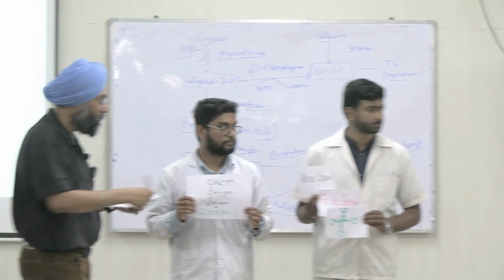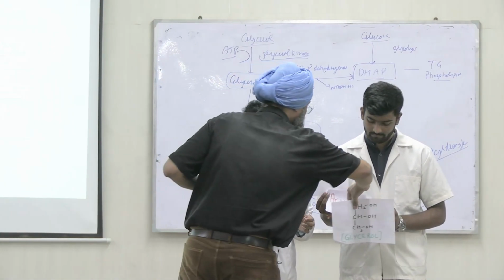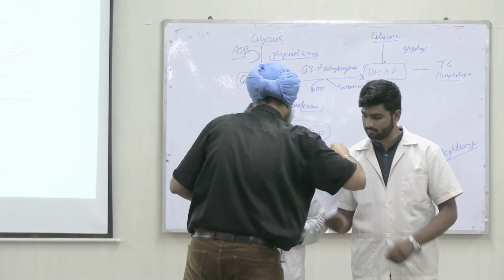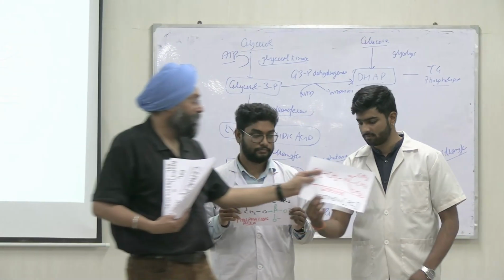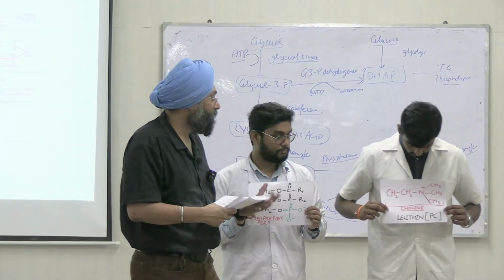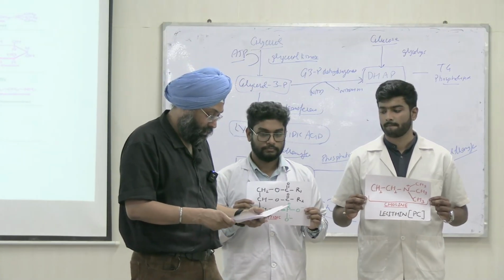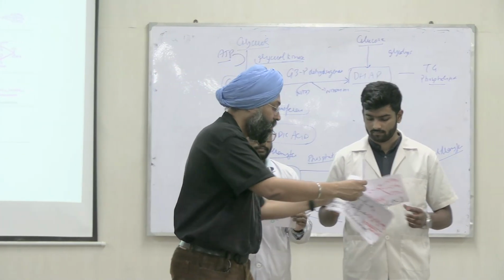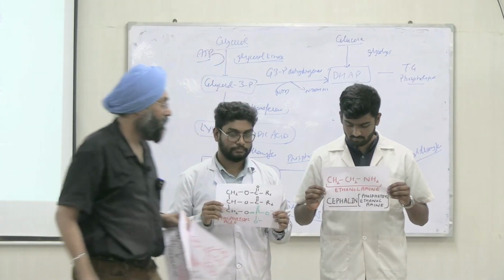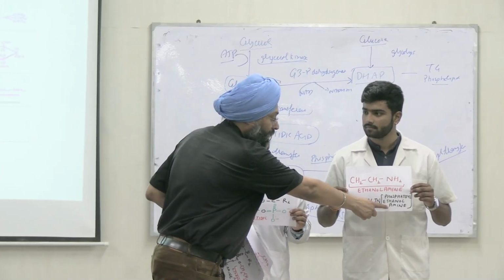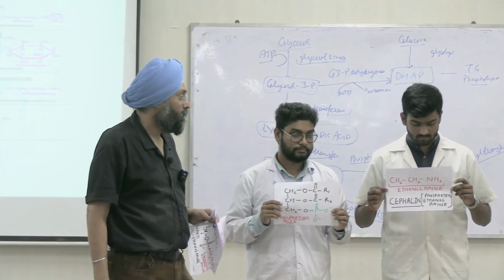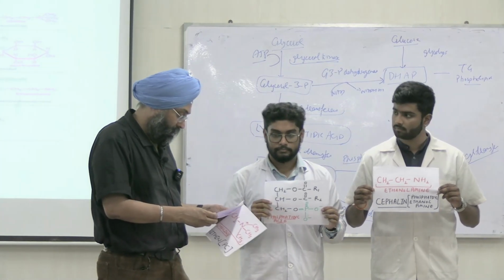Now we start again. Phosphatidic acid. When we attach choline to phosphatidic acid, it becomes our lecithin phospholipid. When we attach ethanolamine, it becomes phosphatidyl ethanolamine or cephalin.